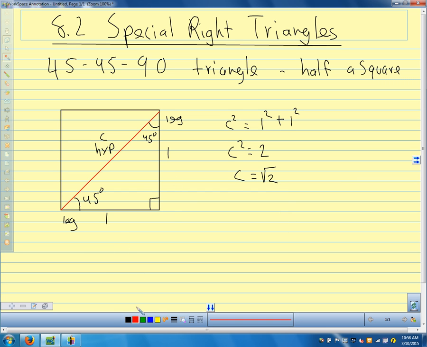All right, let's now change the length of the leg to 2, and we'll find the length of the hypotenuse there. What we're looking for is a pattern. So here we get C squared equals 2 squared plus 2 squared. So C squared is 4 plus 4, which is 8. So C equals the square root of 8. Let's write that in simple radical form. The square root of 8 is the square root of 4 times 2, which equals 2 square root 2.